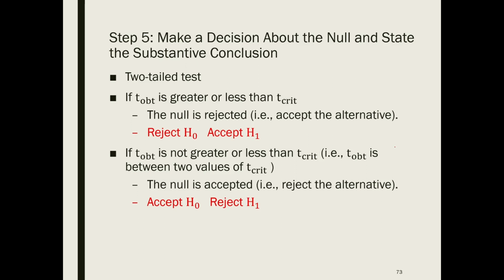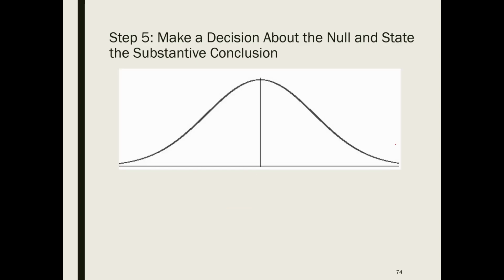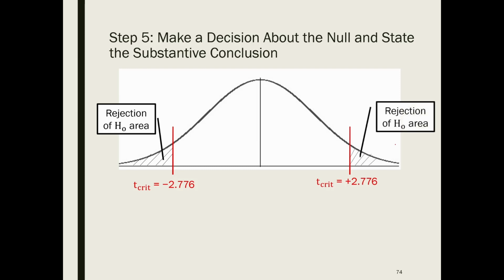This slide continues showing you how we make a decision based on those sentences, but it's so complicated that we're just going to picture it, so it's easier to make a decision. You have one critical value on the positive side and one on the negative side.